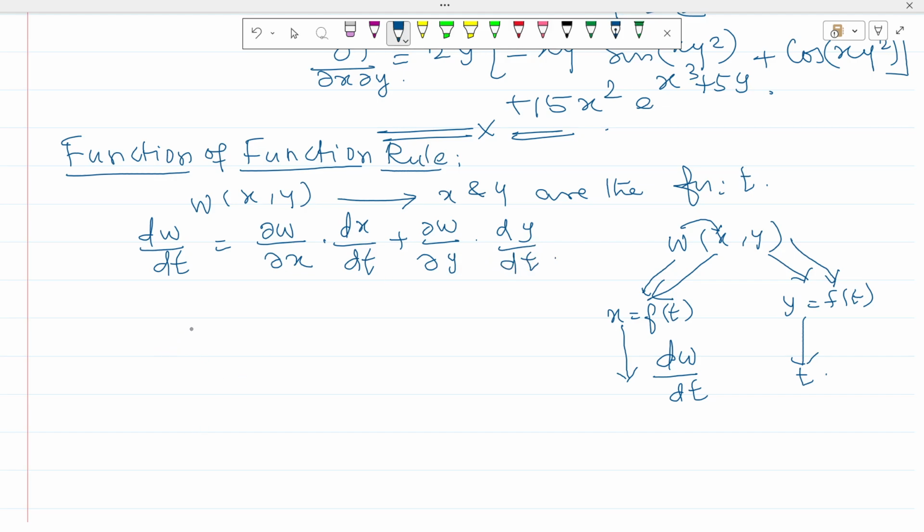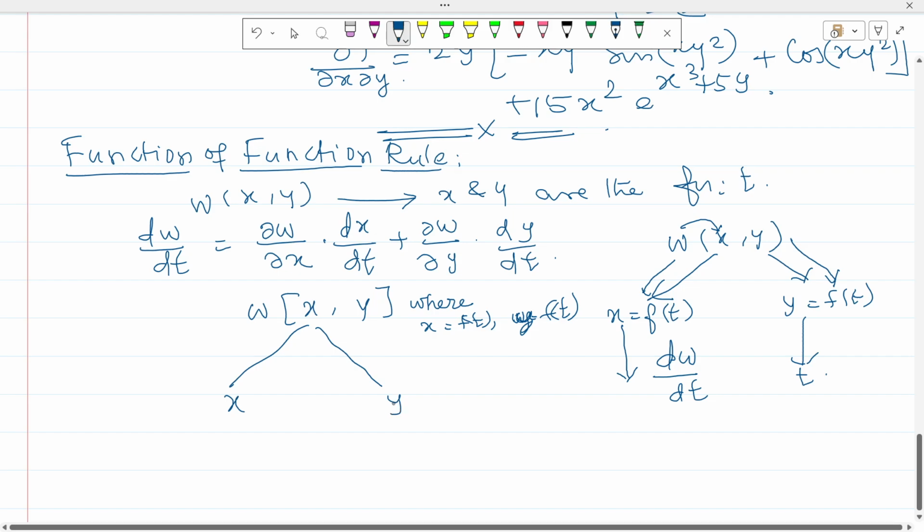Now can you get it? Once again I explain. w is the function of x comma y, where x is the function of t, y is the function of t. w is the function of x and y means x is here, y is here.